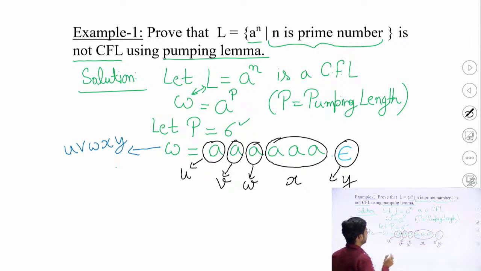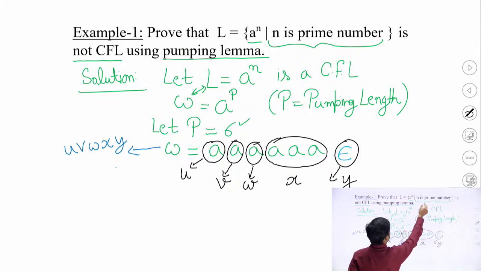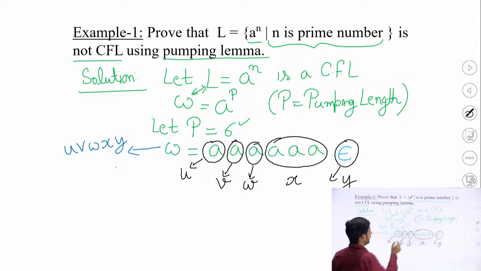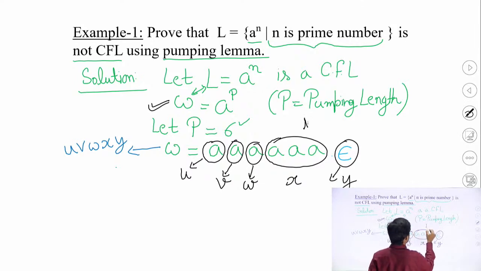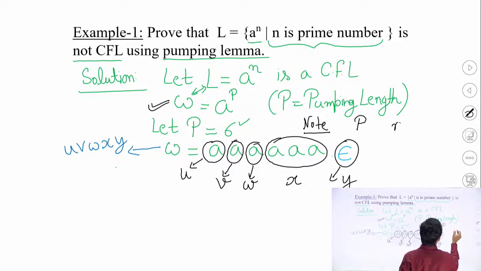And one more thing, it is not necessary that here I have written n is a prime number. There is no relation between pumping length and n. The string w is a raised to power p, p is the pumping length, and there is no relation between p and n.